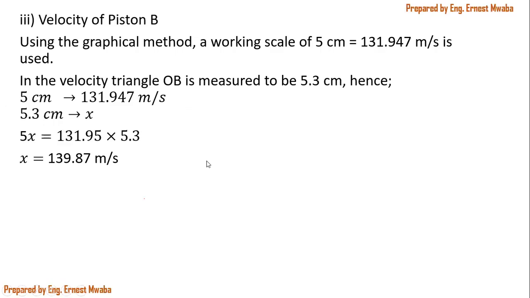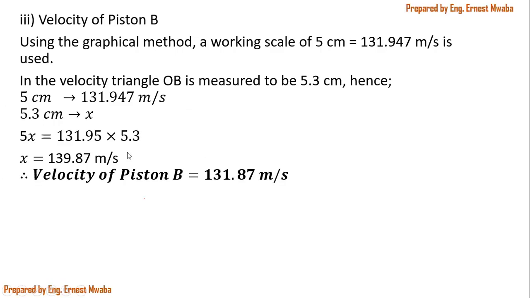This is the linear velocity of the piston, the velocity of piston B. The 139.47 written earlier was just a typo error; it is 139.87, not the one we put there.